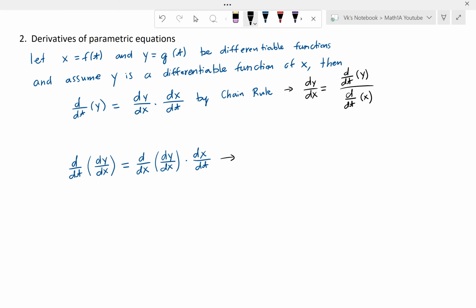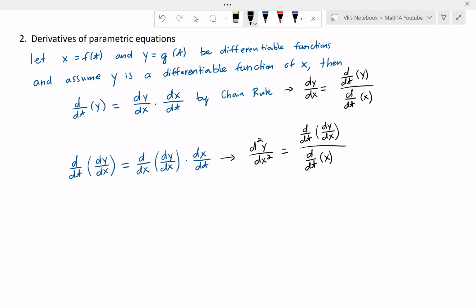And in this case, the derivative with respect to x of dy over dx, that is d squared y over dx squared, or the second derivative, is the derivative with respect to t of dy over dx, over the derivative with respect to t of x.